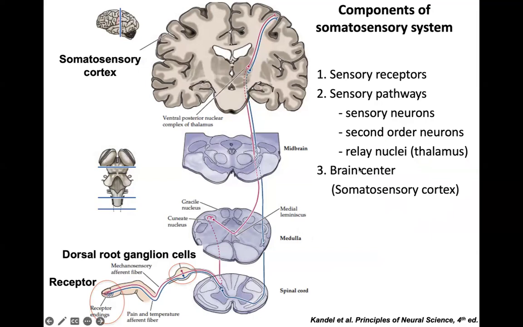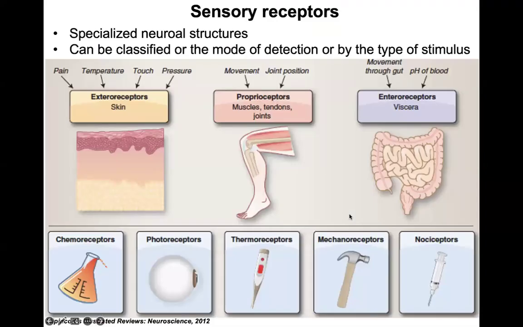And the three major components of the somatosensory system, if you remember: you need sensory receptors, and then you need the pathways. That's why we stopped last time at the pathway of the somatosensory system. And then finally, you need the center in the brain. If you're missing any of these three, you cannot sense the sensation from the body.